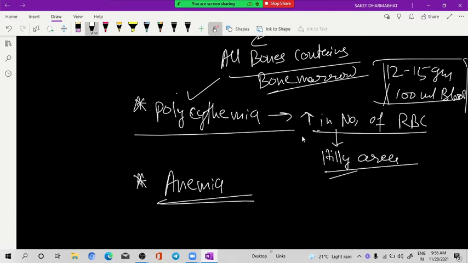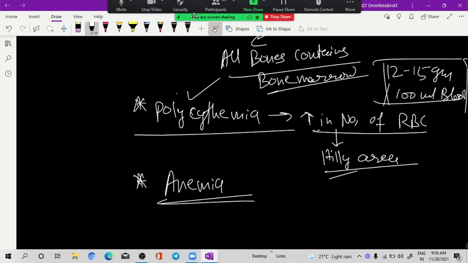Actually anemia is a blood disorder in which there is a decrease in oxygen carrying capacity due to reduction in the number of RBC or reduction in hemoglobin. Erythrocytopenia is a condition in which there is a reduction in the number of RBC circulating in the blood. So erythrocytopenia results in anemia. Yes, you are right.